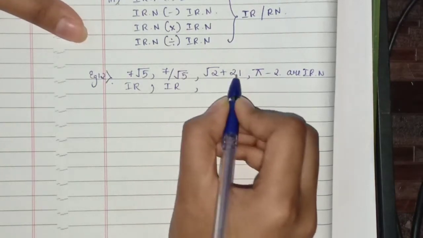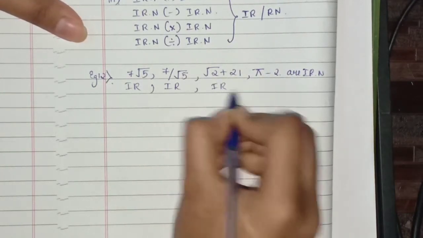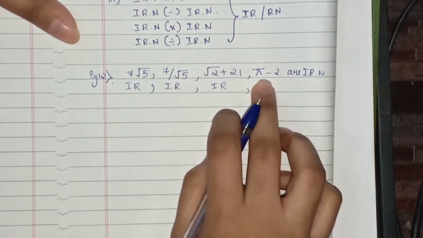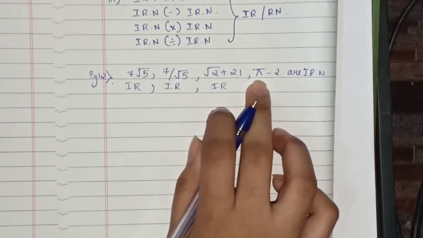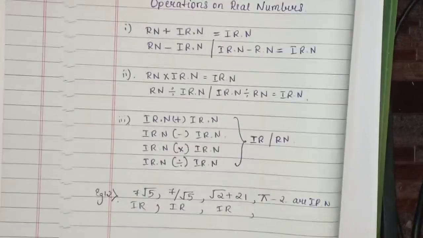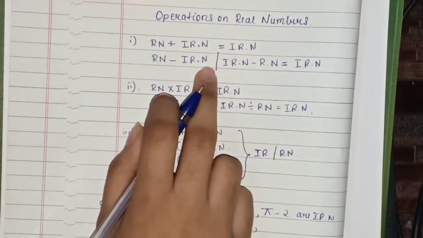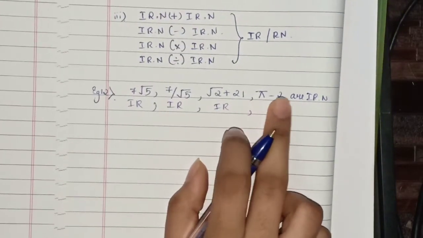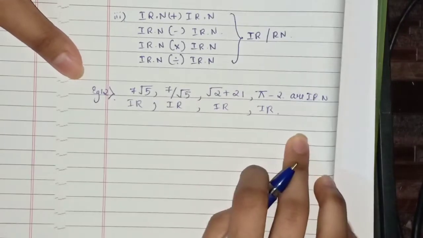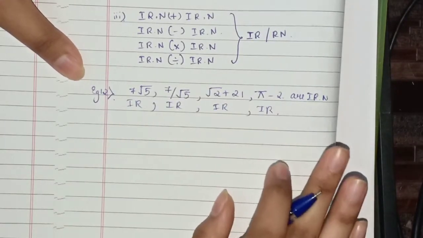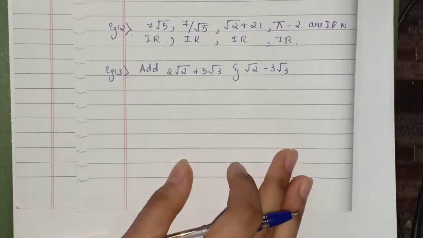So the sum of irrational and rational will always be irrational. Again, pi is an irrational number because its decimal expansion is non-terminating, non-recurring. The difference of a rational and an irrational number, or an irrational minus rational, is always irrational. So I hope that was clear. All of them were irrational numbers.